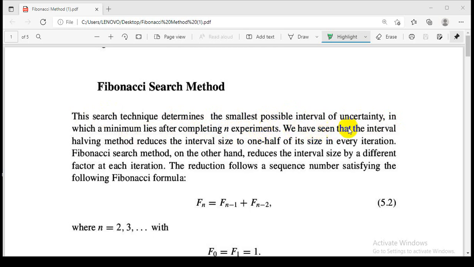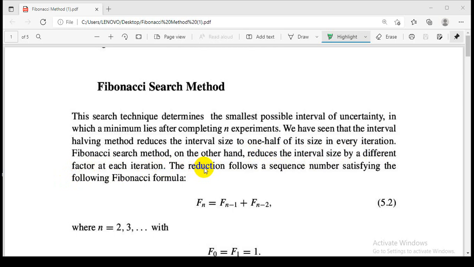We have seen that the interval halving method reduces the interval size to 1/2 of its size in every iteration. Fibonacci search method, on the other hand, reduces the interval size by different factors at each iteration.